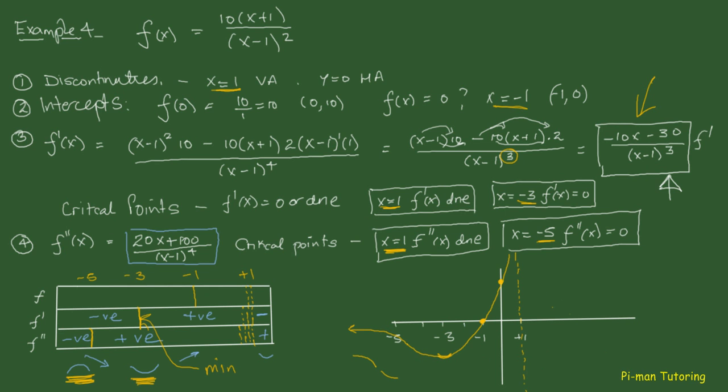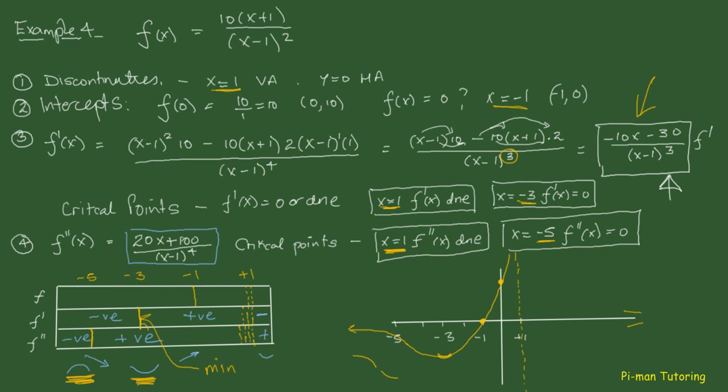To the right of the vertical asymptote, we know we are going to be approaching the horizontal asymptote, either from this side or this side. We simply need to know, is the function positive or negative when we move beyond positive 1. So if we choose a number slightly above 1, what would happen to the function?